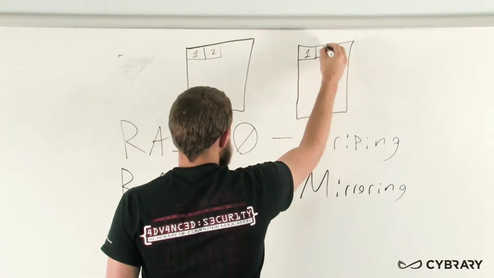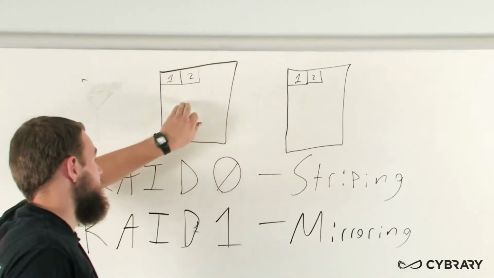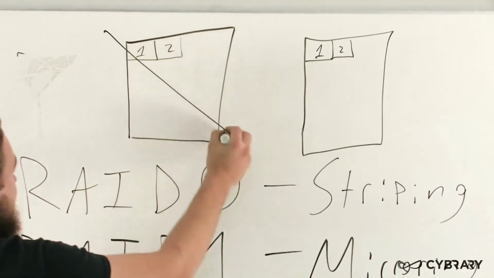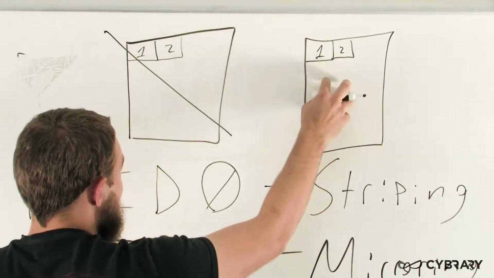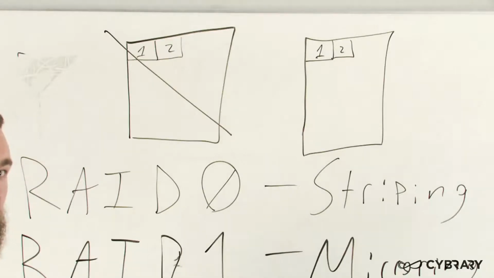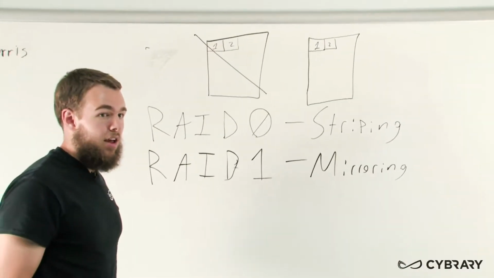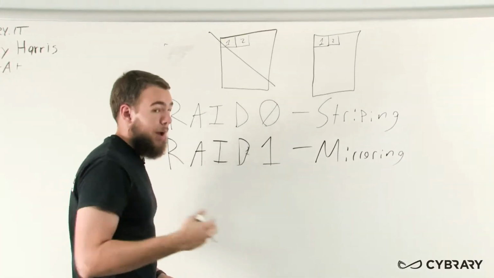So when we're writing our Word document on this drive, it's actually going to be writing the same information on the other drive. That way, if one drive fails, we still have the exact same information on the secondary drive. This helps us if we want to have good backups, or if we're in a situation where we need to have that data if one drive fails, and we want to be able to constantly have good uptime.